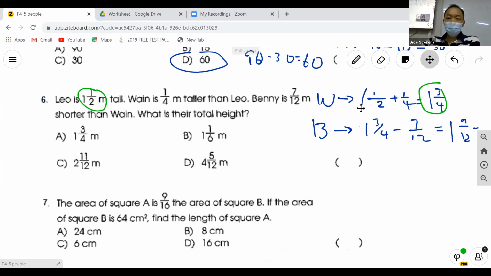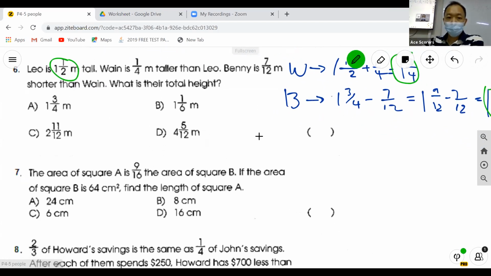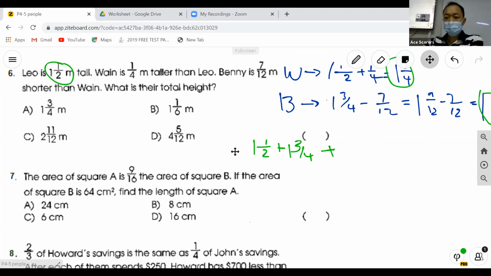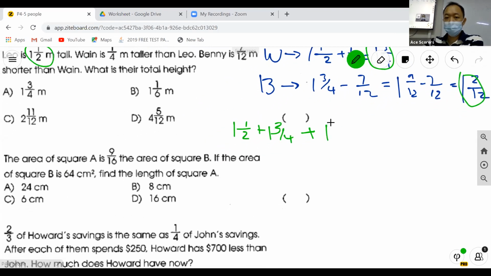Okay, so working wise, we will have 1.5 plus 1 3/4 plus 1 2 over 12. Okay, they're not the same base. Can you see this 2, this 4, this 12? So they're not the same base.